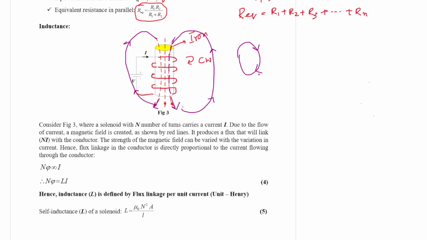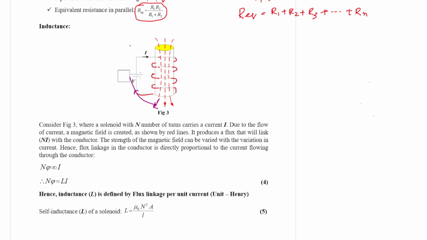So let us say the current is flowing in the clockwise direction through the conductor.